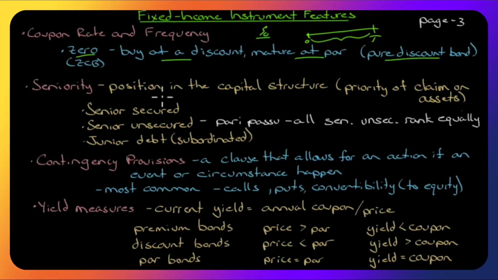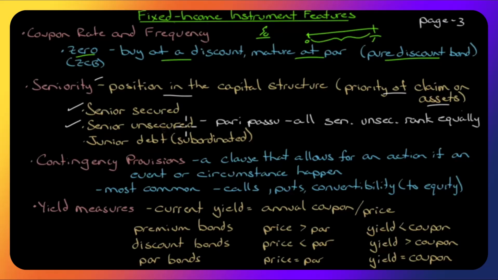Seniority, this deals with the position in the capital structure. When we talk about seniority, you're talking about corporate bonds. It basically states what the priority of claim on assets is, and in order, the highest is senior secured. When it's secured, it means it has specific assets backing up the bond. Then you have senior unsecured, which are just general obligation bonds of the corporation, backed by the ability of the corporation to generate cash flows to pay the bond.